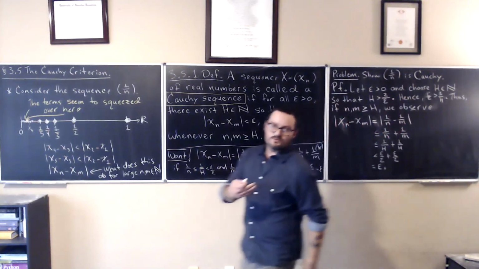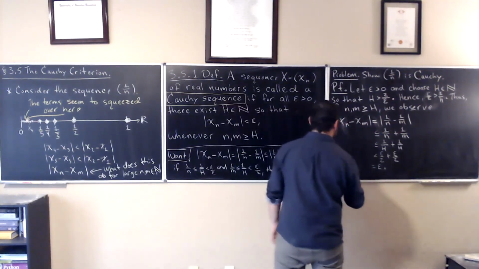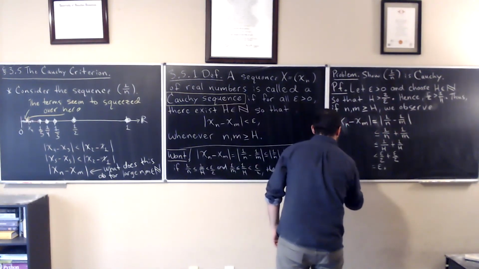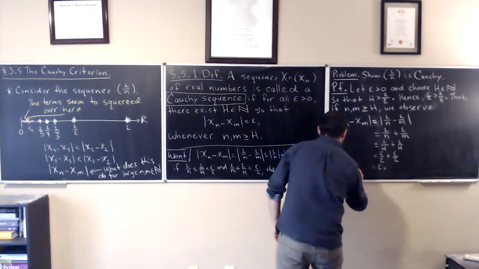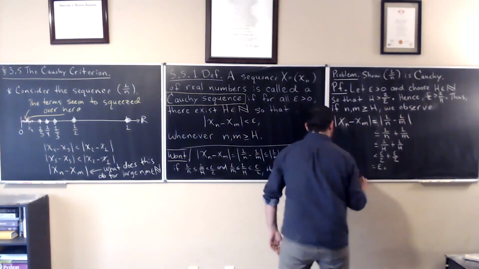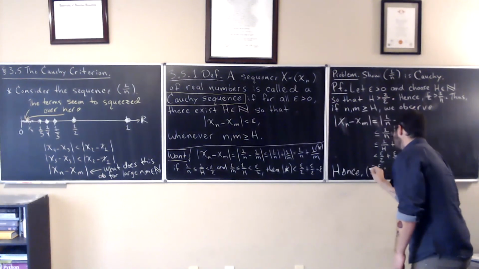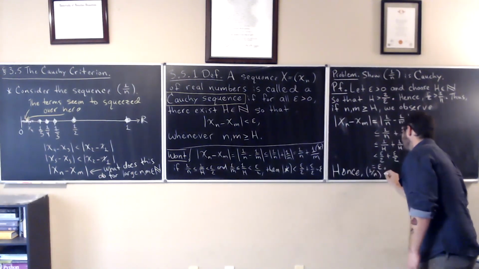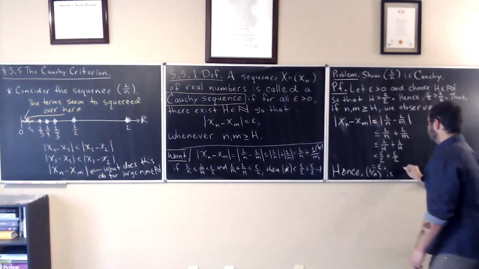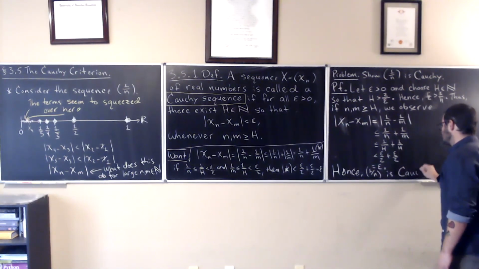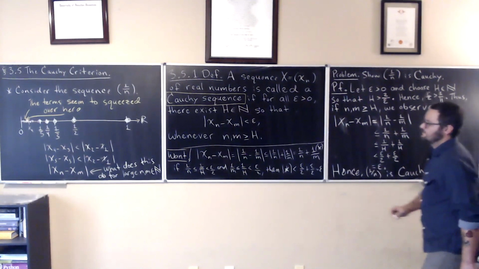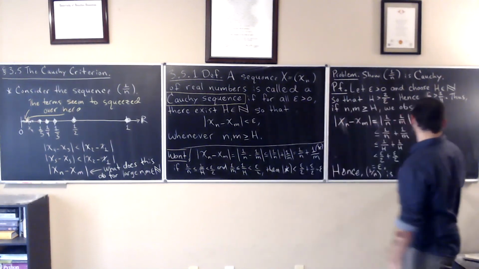Since epsilon was arbitrary, we're done. Hence the sequence 1 over n is Cauchy. Done.